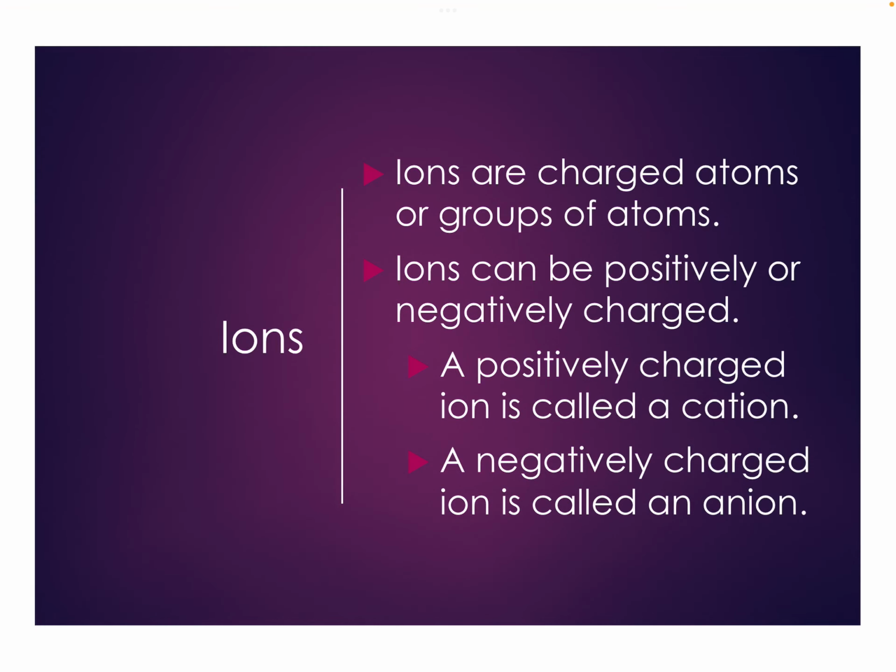Alrighty, now we're going to shift gears away from periodic trends and talk about ions. Ions are really important in chemistry. So much of our chemistry has to do with ions, and ions are just charged atoms or charged groups of atoms. Thus far in this course, we've talked about neutral atoms, where the number of protons equals the number of electrons.